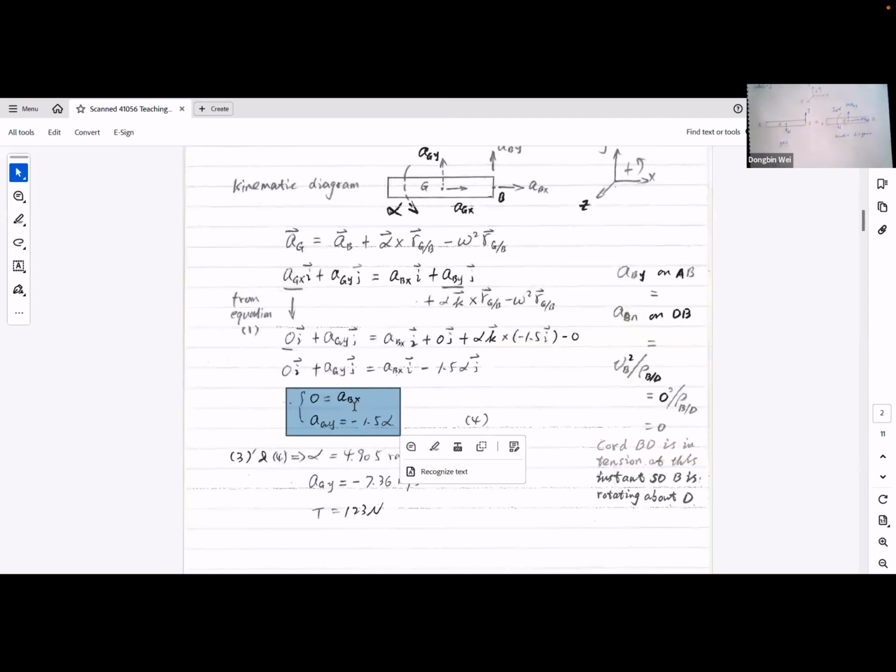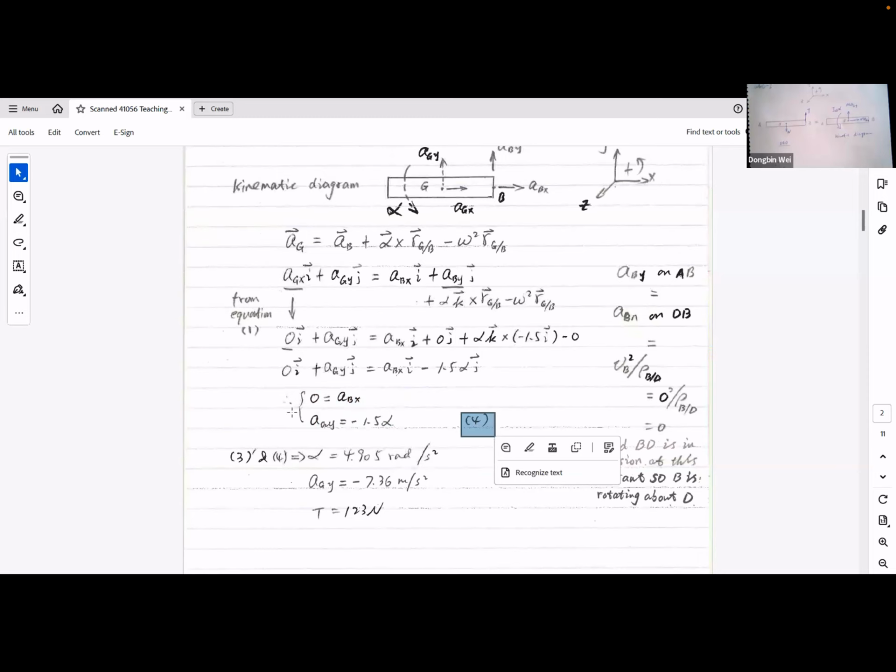So in this one here, we can find ABX is 0, and we can also work out the relationship between AGY and alpha. And this is what we want. That will be our 4th equation.